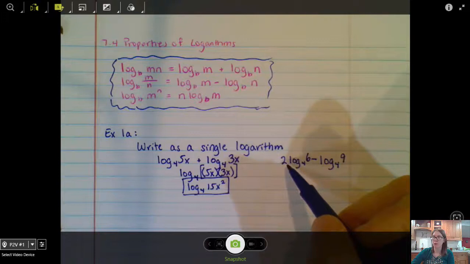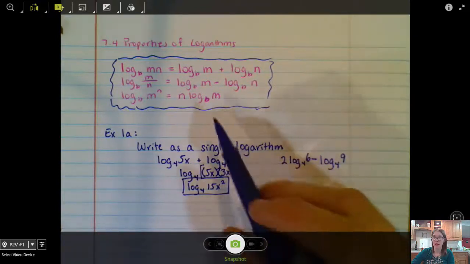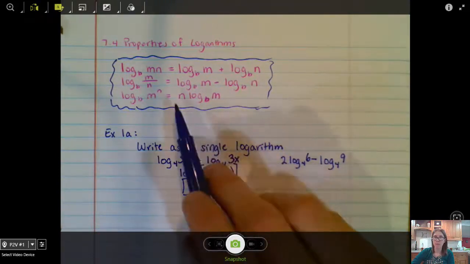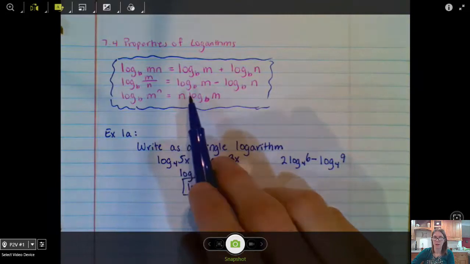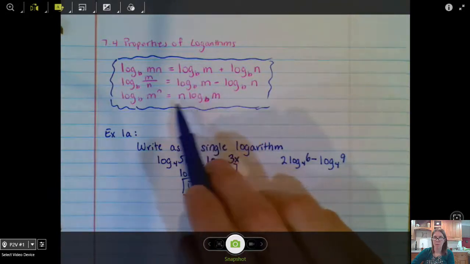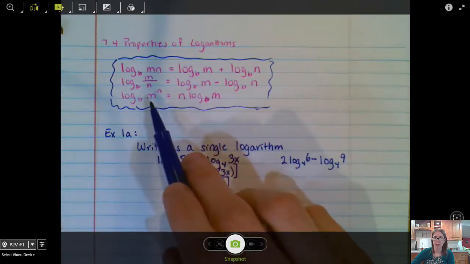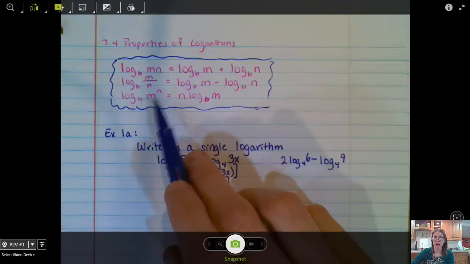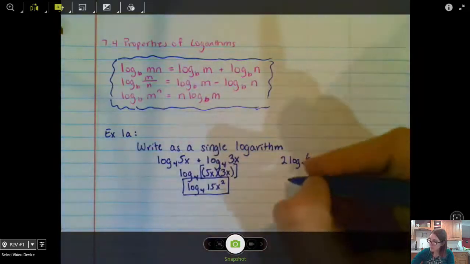This one, I'm going to do a couple of properties. With this last property, I have a number in front of my log. If I go the other direction, I can put that number in front of my log as an exponent.